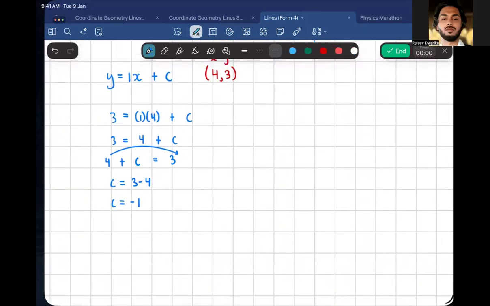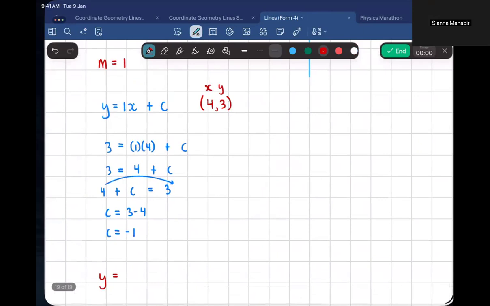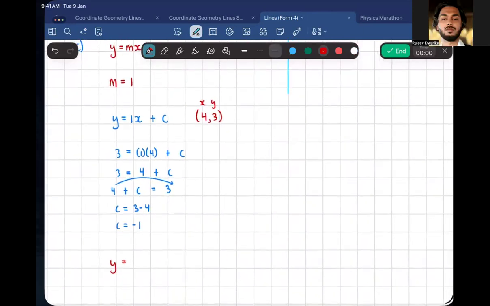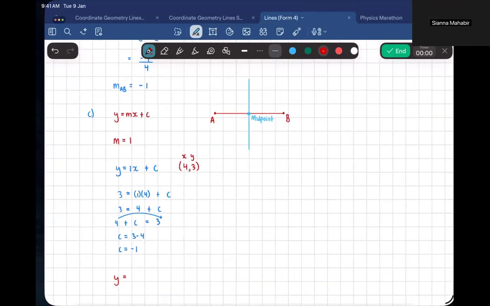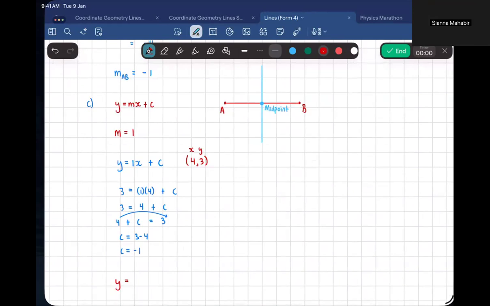Excellent. So now I could go ahead and write the formula for the equation of a line. y is equal to mx plus c. What is m? m is the gradient, and the gradient was 1.